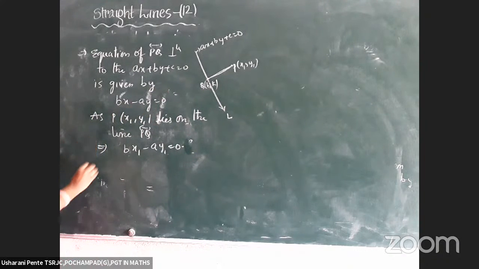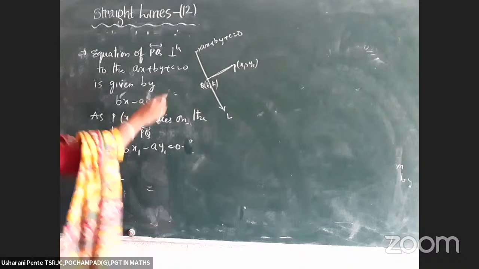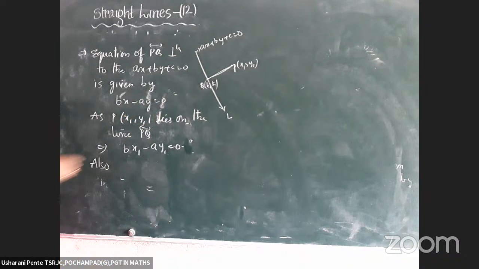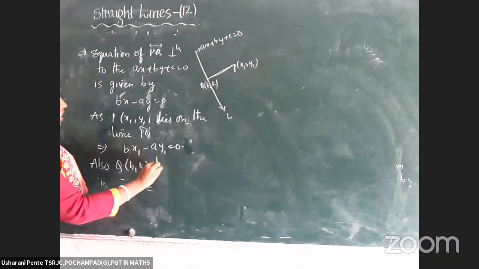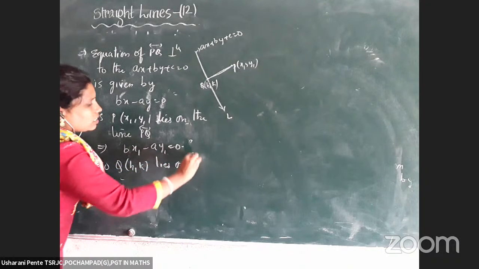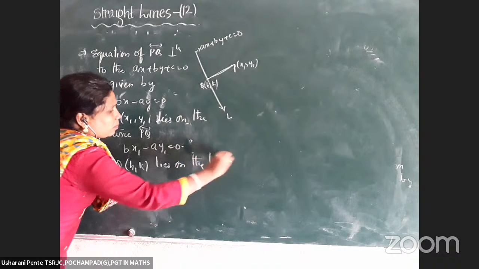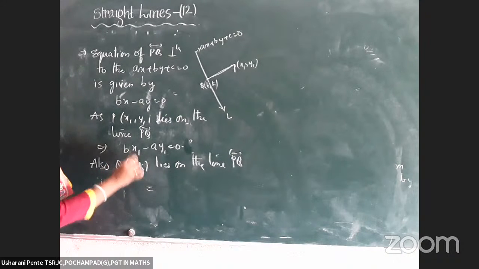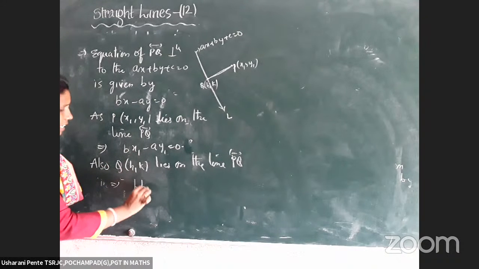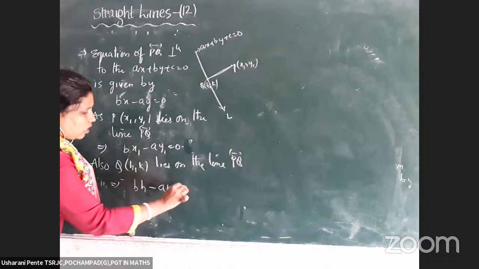Also, Q is lying on this line PQ. Q(h, k) lies on the line PQ. Therefore, we get b into h minus a into k is equal to 0.